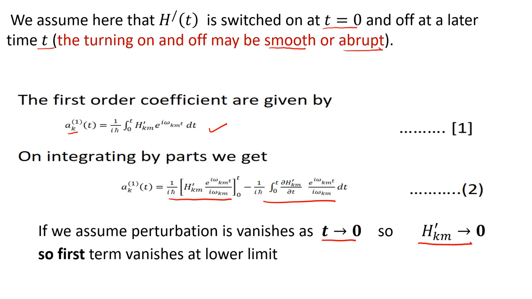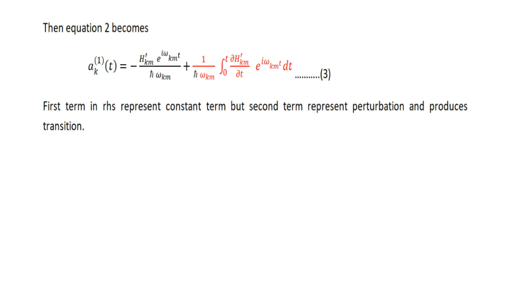So the first term vanishes at the lower limit, that is t equal to 0. So the equation becomes this. The first term in the RHS represents a constant term, but the second term represents the perturbation and produces transition.